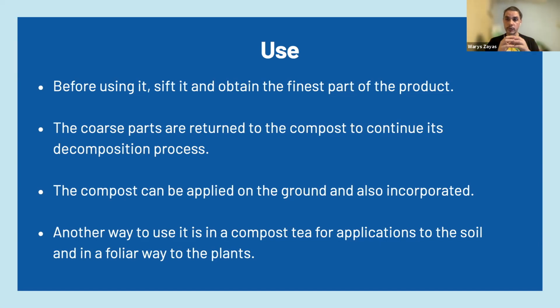But if you will use that compost for perennial crops, you can just add it the same way that you add any other fertilizer, to the top of the soil, around the trees and around your crop. So that's another way to use it. Also, if you are using it for short-term crops and you don't have the time or the equipment to incorporate it into the soil matrix, you can also leave it in the upper part of the soil and it works well.